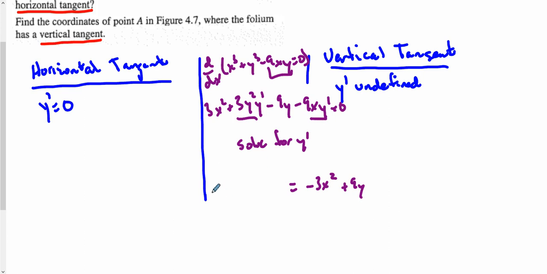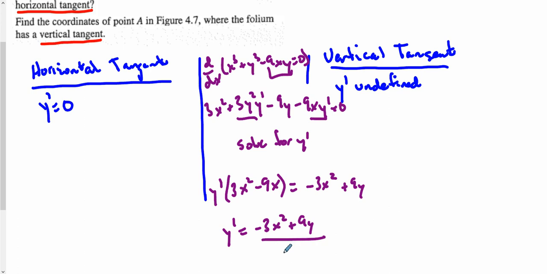We'll factor out this good old y prime. And what do we have left over? We have a 3y squared, and we'll have a negative 9x. Beautiful. We're going to get y prime by itself now, and so we're going to have negative 3x squared plus 9y all over 3y squared minus 9x.